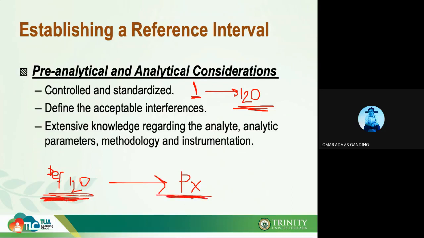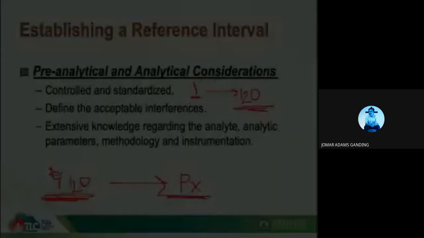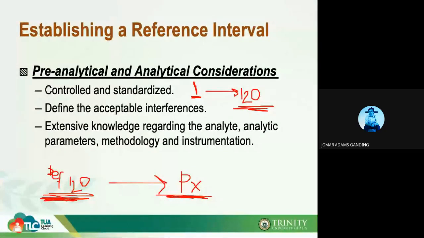If you collected it at 8 p.m., you collect the patient at 8 p.m. Similarly, if you collected the blood at 8 p.m. in patient number 1, 2, 3, 4, 5 until the 120th patient, their samples should all be collected at 8 p.m. I hope you're getting me when I say it's controlled and standardized.